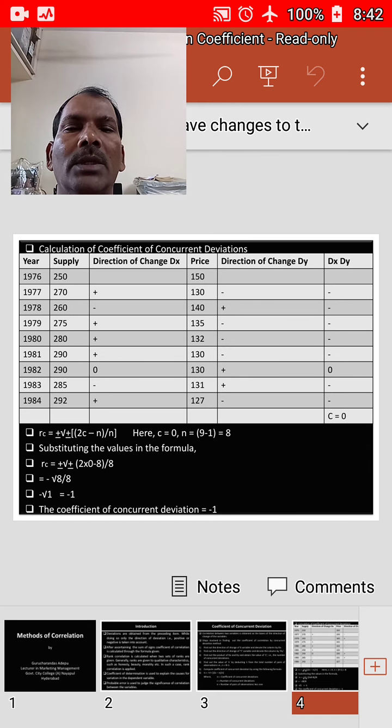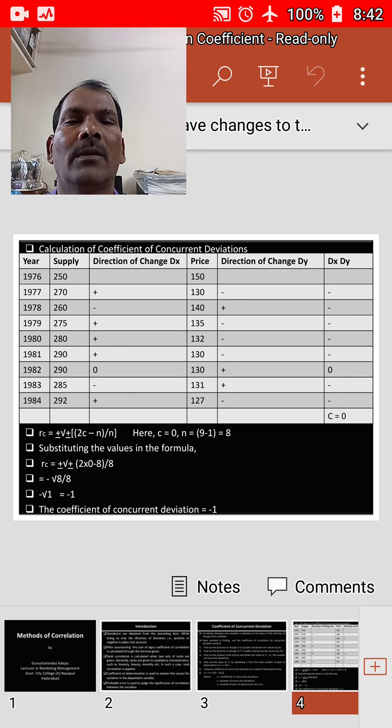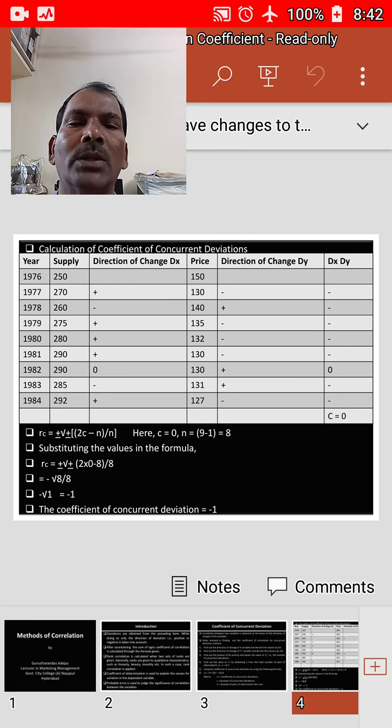That means there is a decrease, hence we need to put a minus sign. In 77 it is 130, in 78 it was 140. That means there is an increase, hence we need to put a positive sign. In 1979 it is 135, whereas in the preceding year 1978 it is 140, hence there is a decrease, we need to put a negative sign.